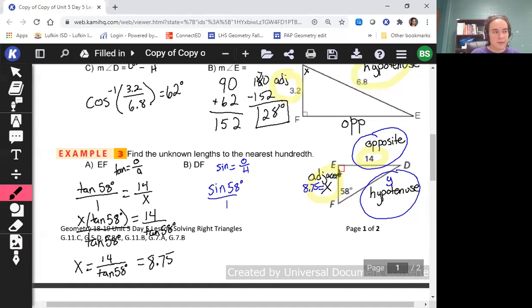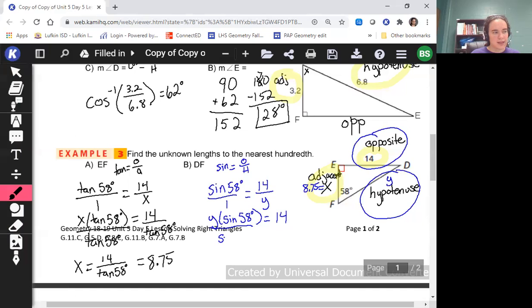over 1, because we always put our trigonometric ratio over 1, equals our opposite, which is 14, over our hypotenuse, which is Y. Again, cross multiply. So we have Y times sine of 58 degrees equals 14.